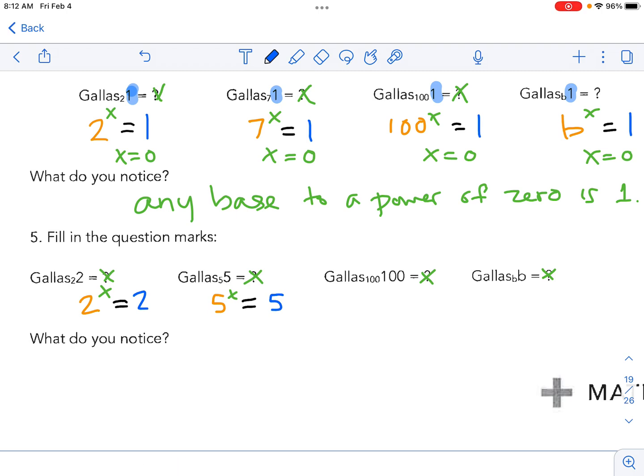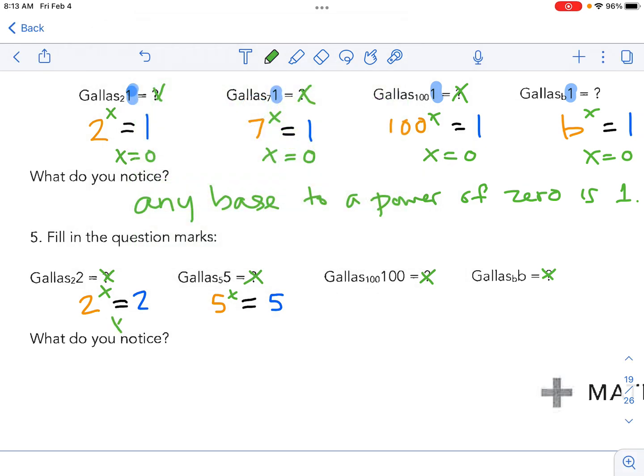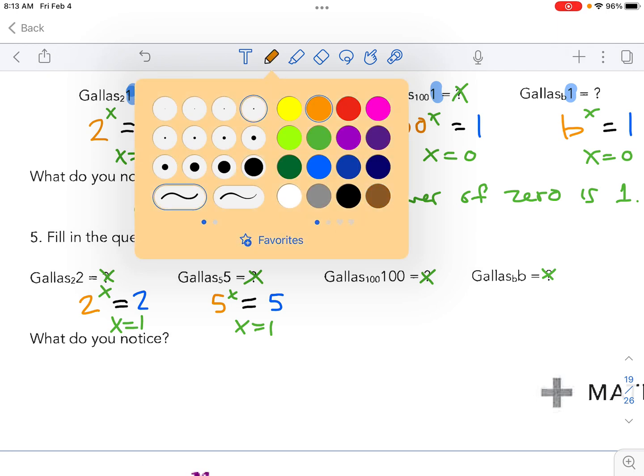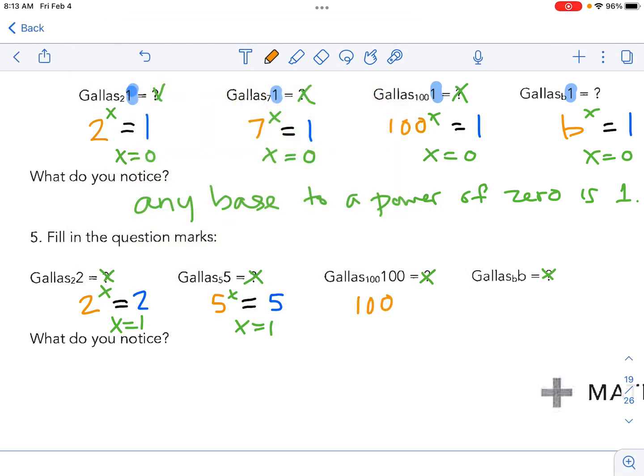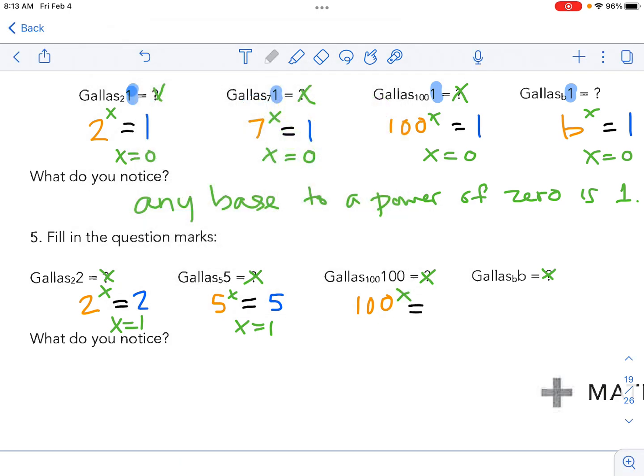Those are the type of questions we're being asked now. And so we know that in order to get back the base, this power must be 1 and this power must be 1. And we can see that in the next one, 100 to what power? 100, doesn't matter how big the number is, right? 100 to what power equals 100?